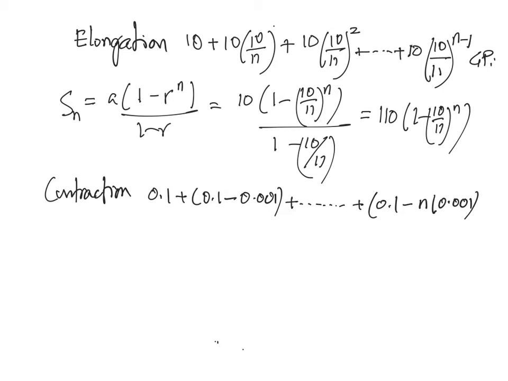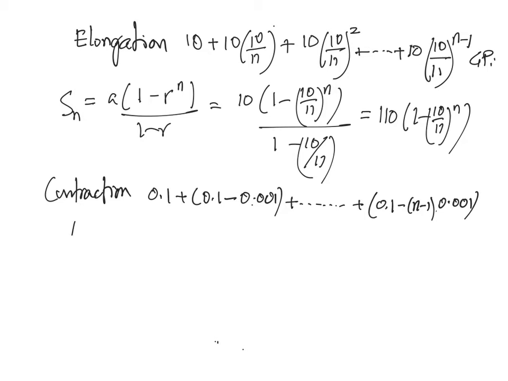It's not correct, because you see the second one is 1 times this, the third one will be 2 times this, and so this one should be n minus 1 times 0.001. First one 0 times 0.001, second one is 1 times 0.001, so the nth one is n minus 1 times 0.001.